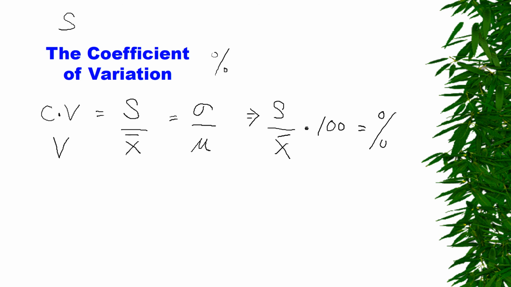If elephant ears were no more variable relative to their size than mouse ears relative to their size, the standard deviation of elephant ear length would be 100 times as great as the standard deviation of mouse ear length. So the coefficient of variation expresses sample variability relative to the mean of the sample and is on rare occasion referred to as the relative standard deviation.